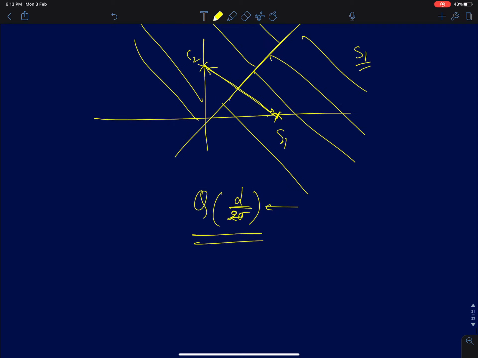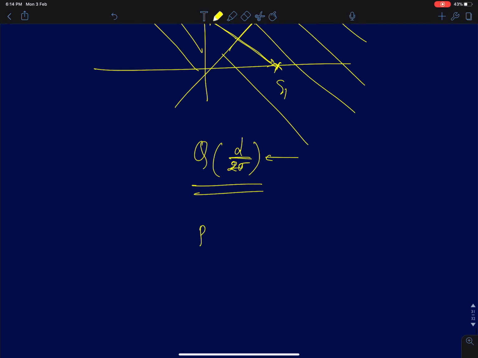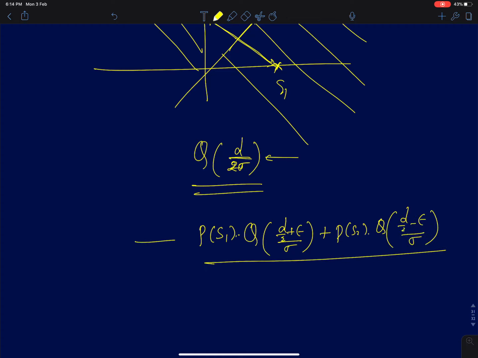For non-equiprobable symbols, you will have to compute it using this result: probability of S1 into Q of (d by 2 plus epsilon) by sigma, plus probability of S2 into Q of (d by 2 minus epsilon) by sigma. So you have to use this to compute your probability of error. For equiprobable symbols, it's pretty simple, it reduces to this.